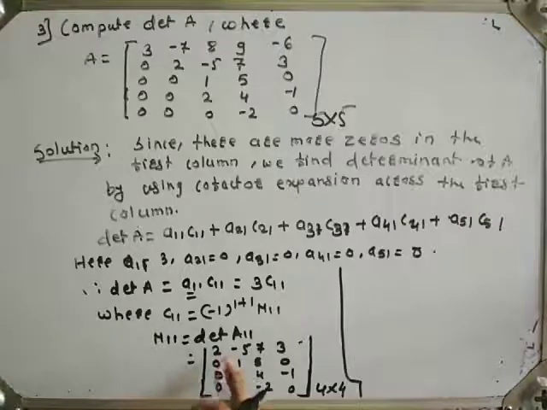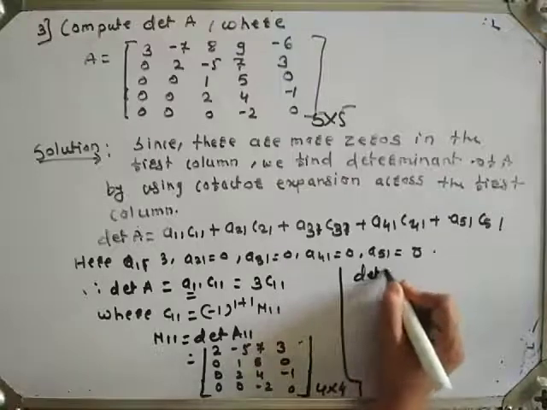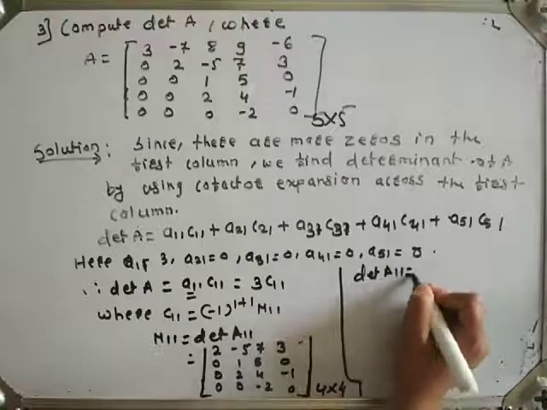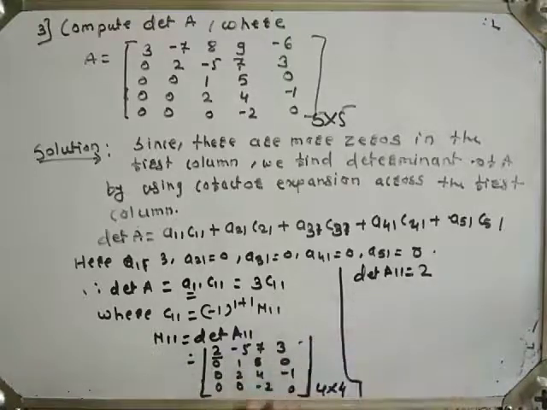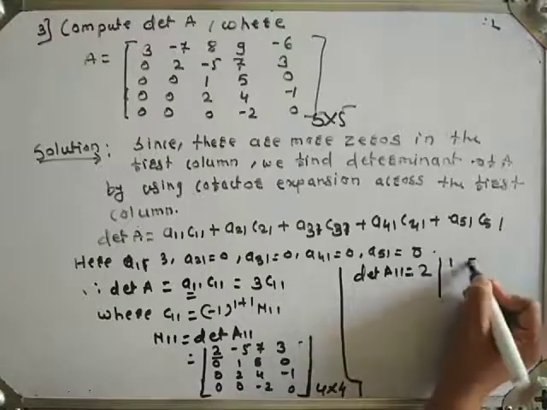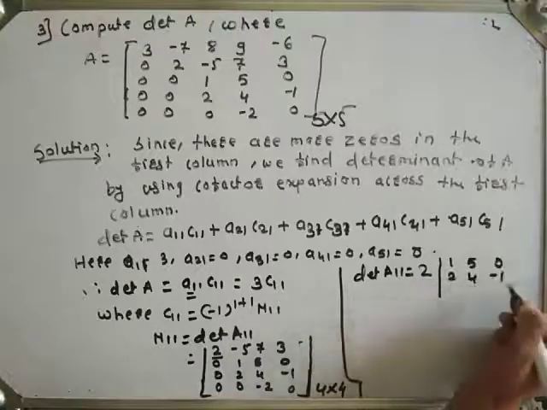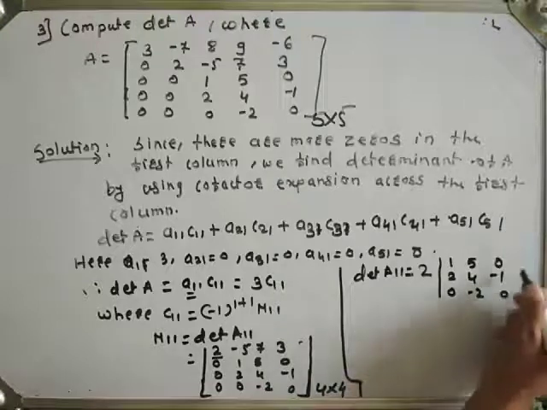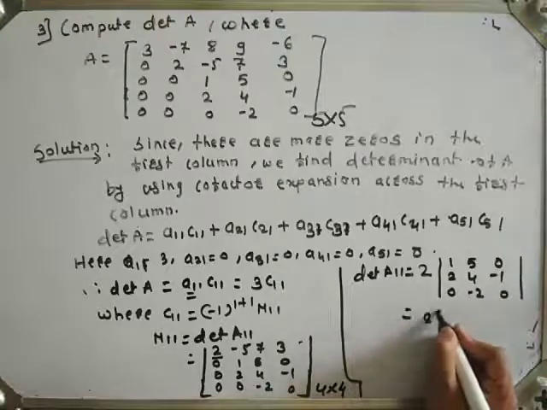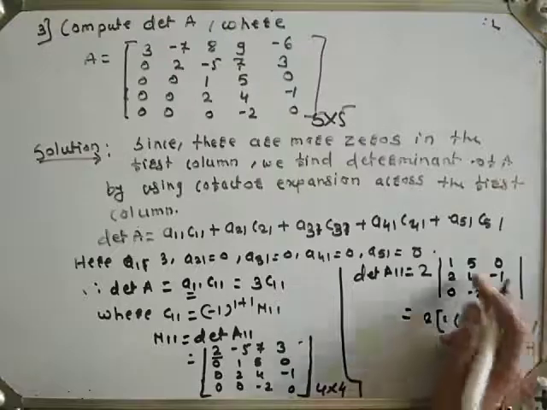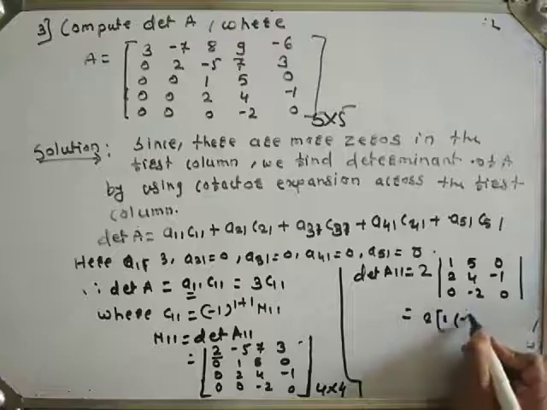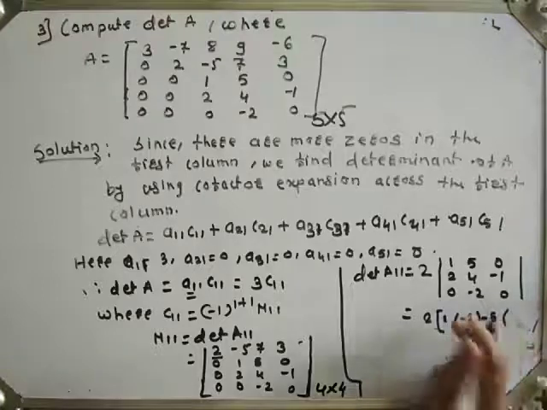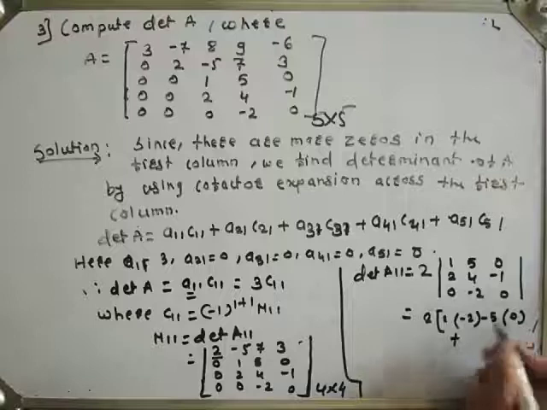In the first column there are more zeros, therefore we find the determinant of this A11 matrix by using cofactor expansion across the first column. So the determinant of A11 is equal to 2 into the determinant of the matrix [1 5 0; 2 4 -1; 0 -2 0]. 2 into 1 into (4 into 0 minus (-1) into (-2)), which is -2, minus 5 into 0, plus 0.